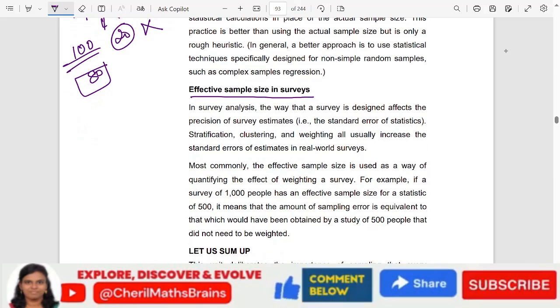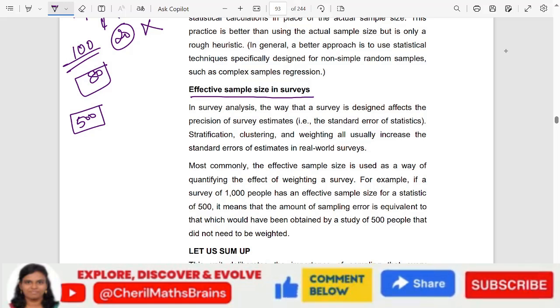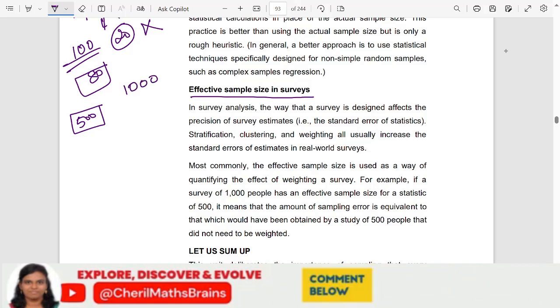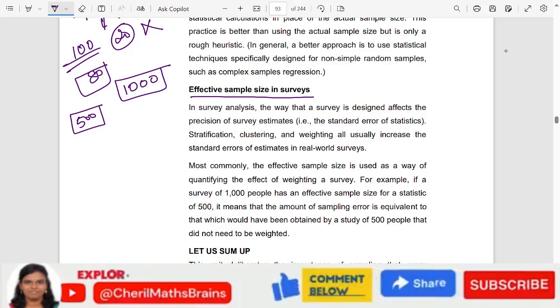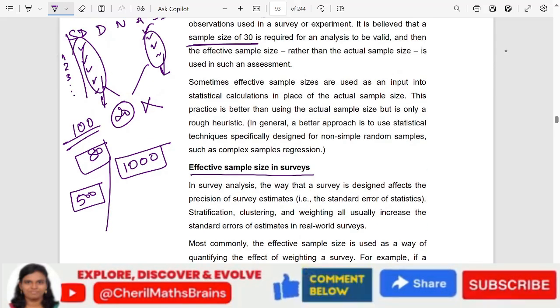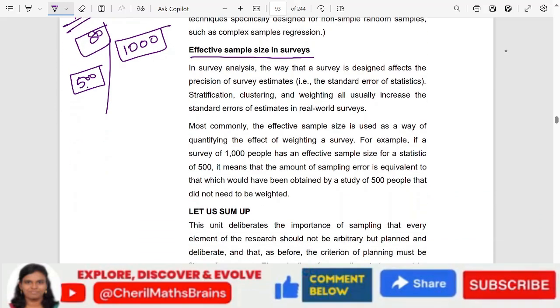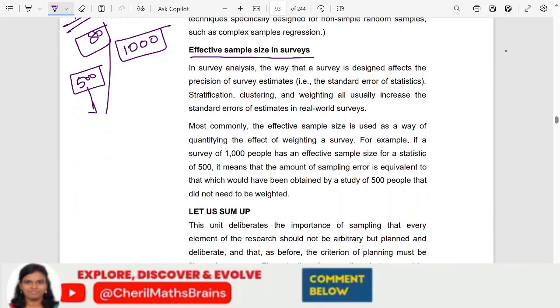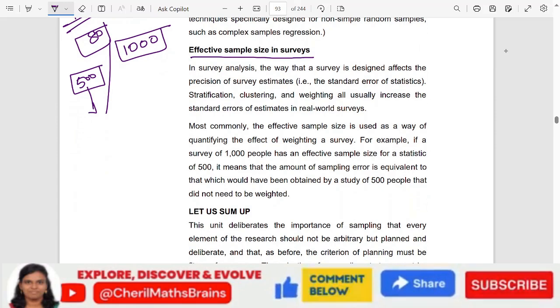That is why they say that if you need to do a data analysis for 500, then you have to collect from at least 1000 people. Only then, after rejecting responses for these kinds of reasons or some other reason, you will have at least 500 proper samples, which will be the effective sample size.